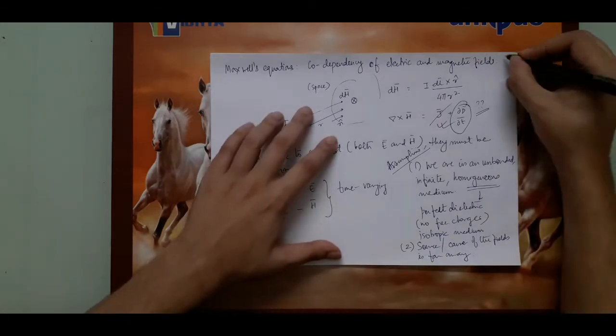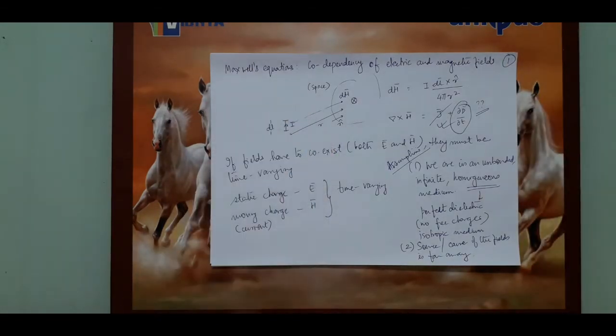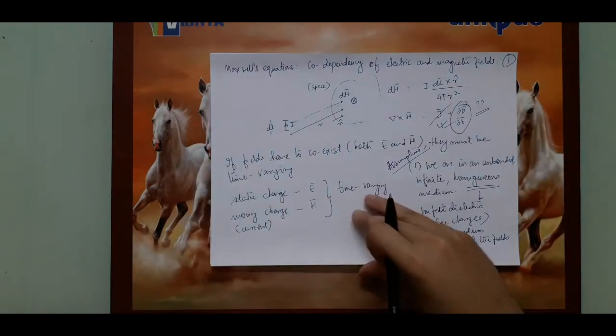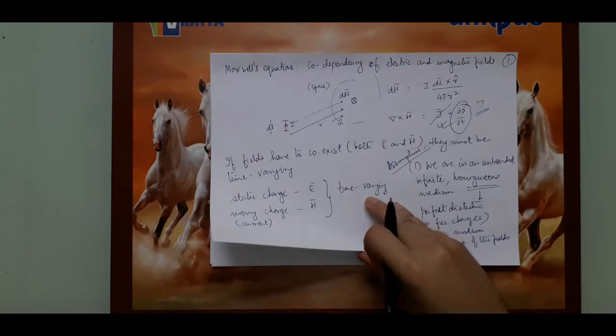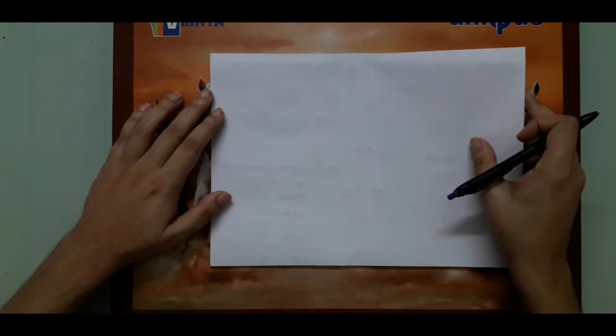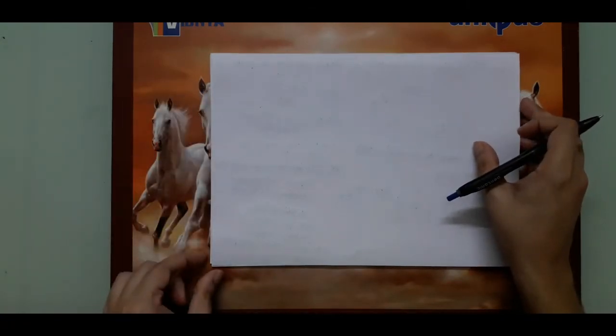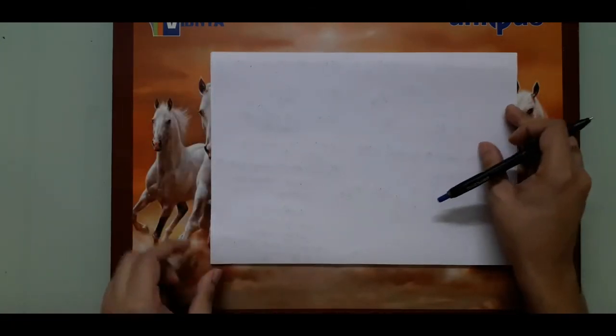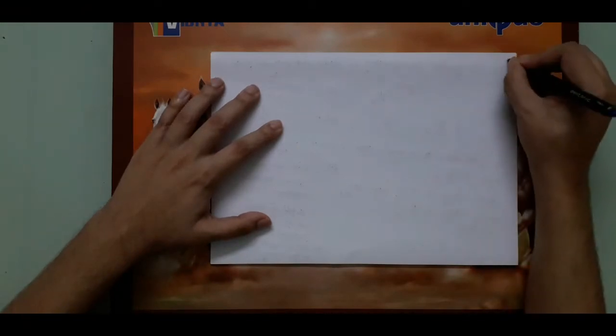In fact, that is the assumption with which we shall go. So with this, let us write down Maxwell's equations in an unbounded medium. Since now the medium is unbounded, we can write Maxwell's equations in their differential form.